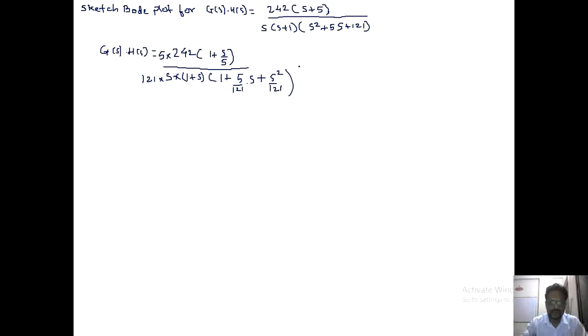So we have converted our whole G(s)H(s) term into 1 plus s form.